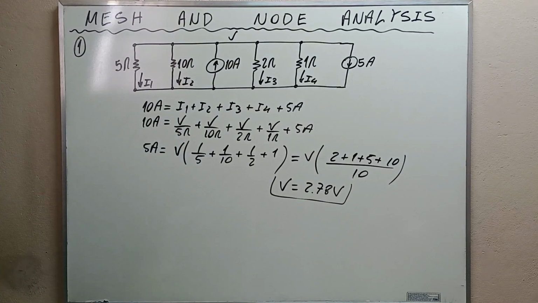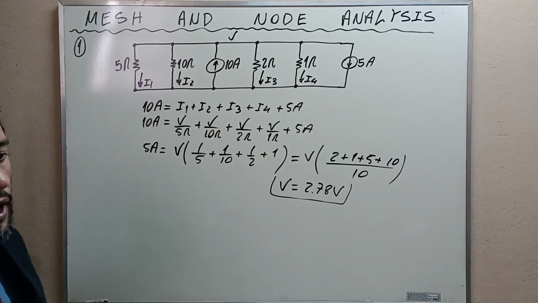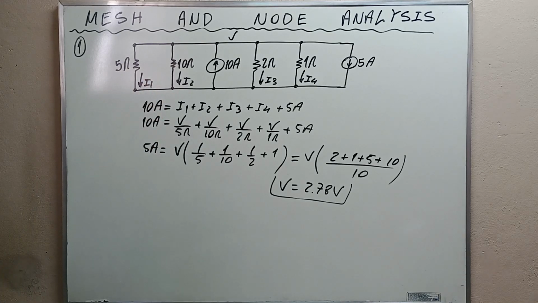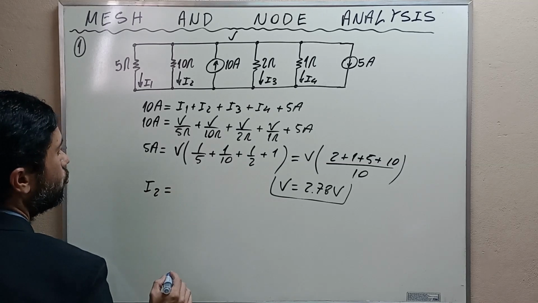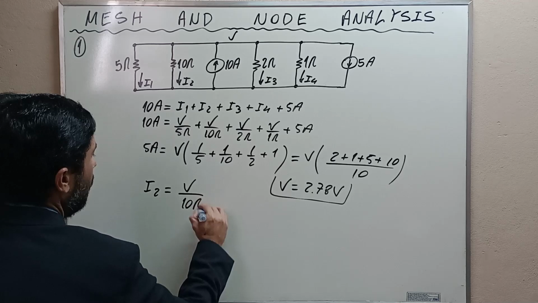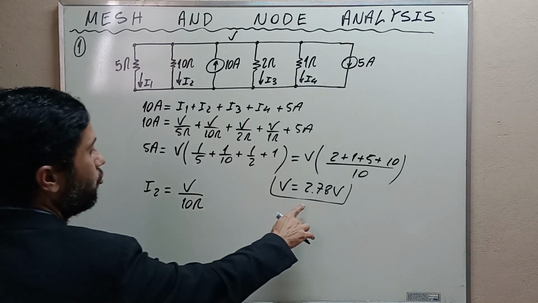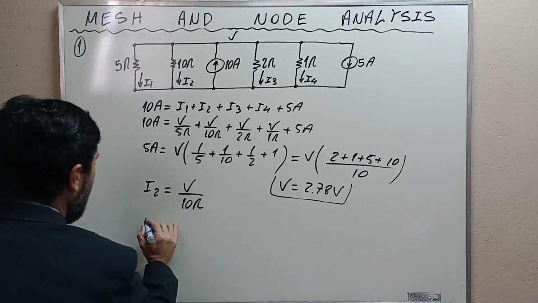But the exercise wanted us also to calculate the value of the current that passes through this 10 ohms resistor. Subsequently, we calculate the value of the current. I2 is equal to V divided by 10 ohms, okay? And the value of V is 2.78 volts.